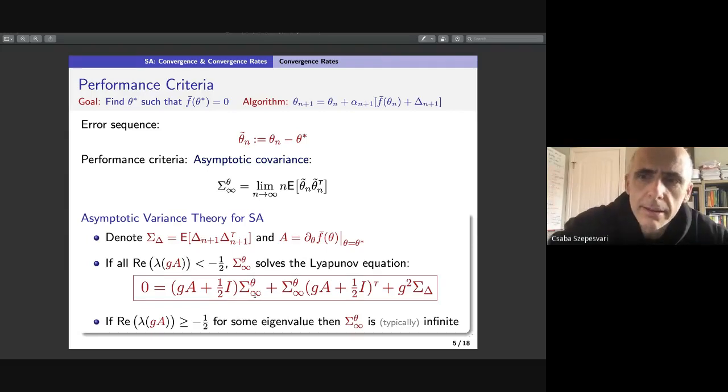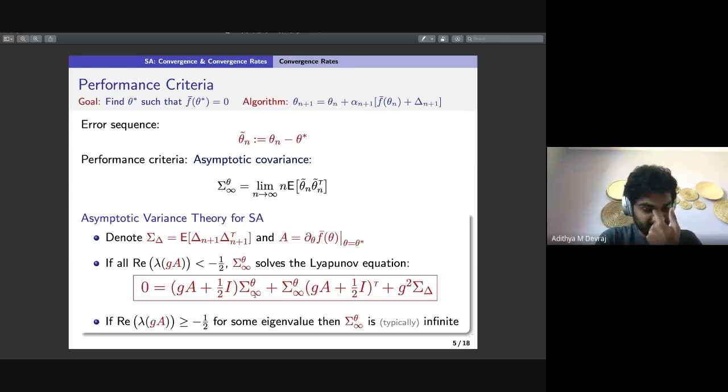Quick question. Yeah, Adithya. Where does the 1/2 plus 1/2 identity come from? It comes from the Taylor series for square root of n. So when you try to obtain a recursion for this sort of quantity, you look at the stochastic approximation algorithm over here, and multiply the left-hand side and the right-hand side by square root of n plus 1.